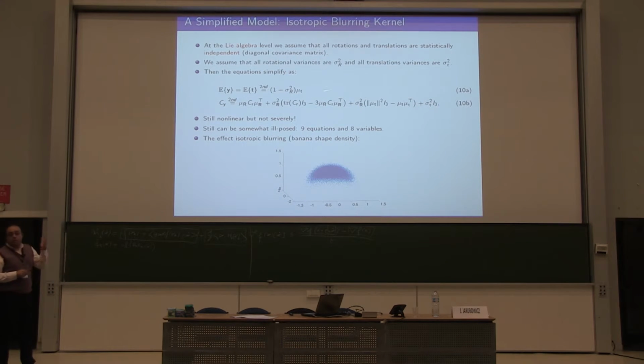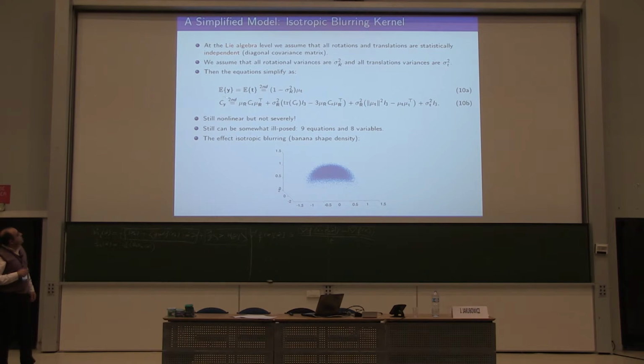Basically, we assume a diagonal covariance at the tangent space, and we assume that the rotation and translation at the tangent space, or Lie algebra level, are independent. So we only have 2 covariance variables. One is the single number, sigma r squared for rotation, and sigma t squared for the translation. In this case, you will have a simpler formula.